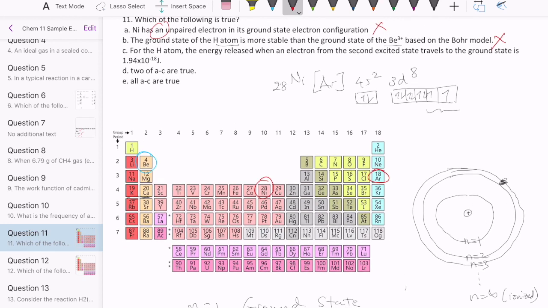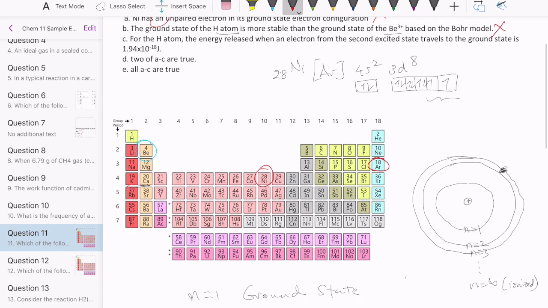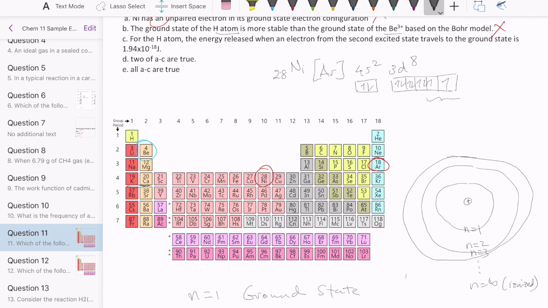It says for the hydrogen atom, the energy released when an electron from the second excited state travels to the ground state is that value. So that one is, again, back to the Bohr model. I'm going to just draw the orbits again. So here's the second orbit, say, and then here's the third orbit. We're going to need to calculate the energy released when an electron goes from the second excited state.